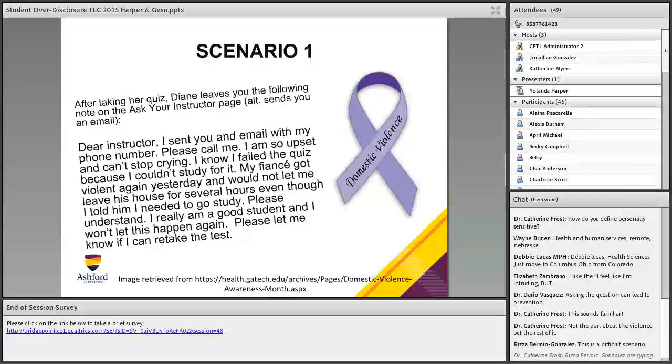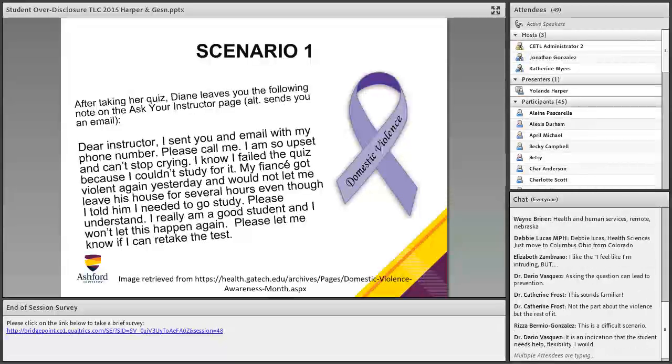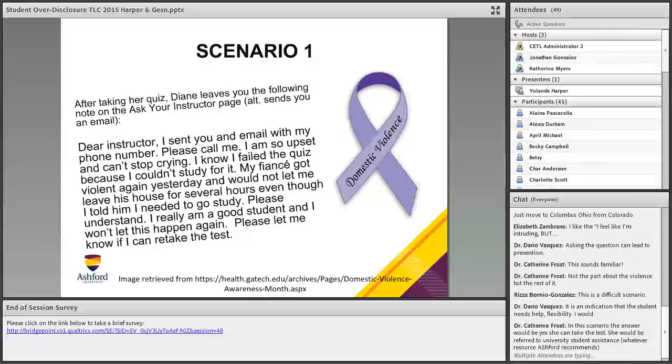How many of you would let the student retake the test? There's no right or wrong answer, and I know we all make these decisions on a case-by-case basis. Well, I see a lot of people typing in.